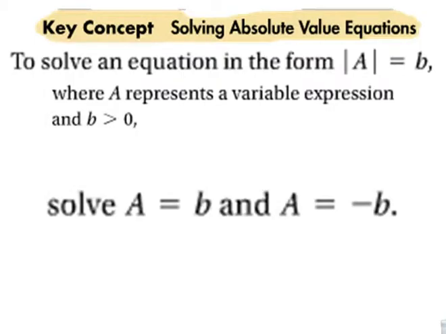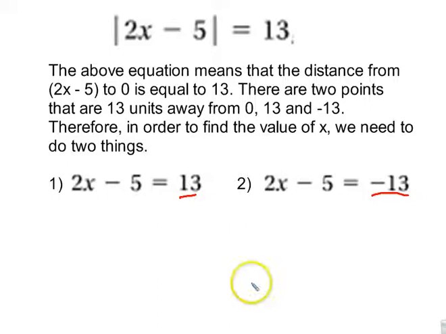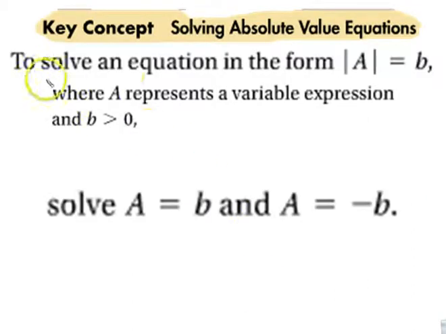Okay, let's look at a practice. Wait, that's not a practice. Oh sorry, that was the rule. Okay, so this is the rule. To solve an equation in the form of the absolute value of A equals B, where A represents a variable expression, so x plus 2, 2x minus 17, and B is greater than 0.